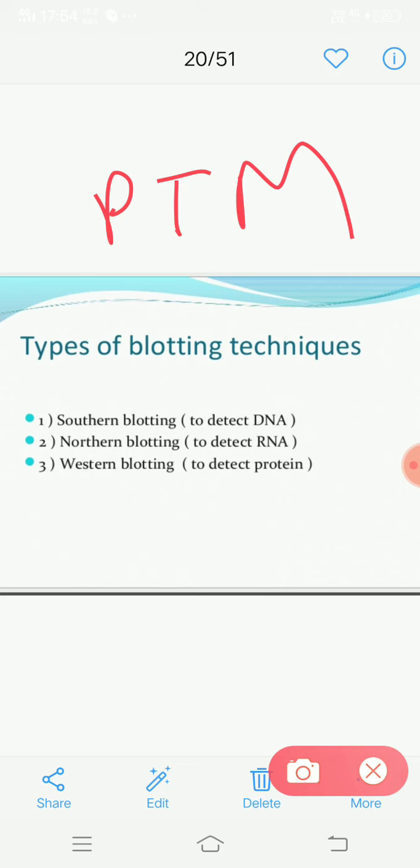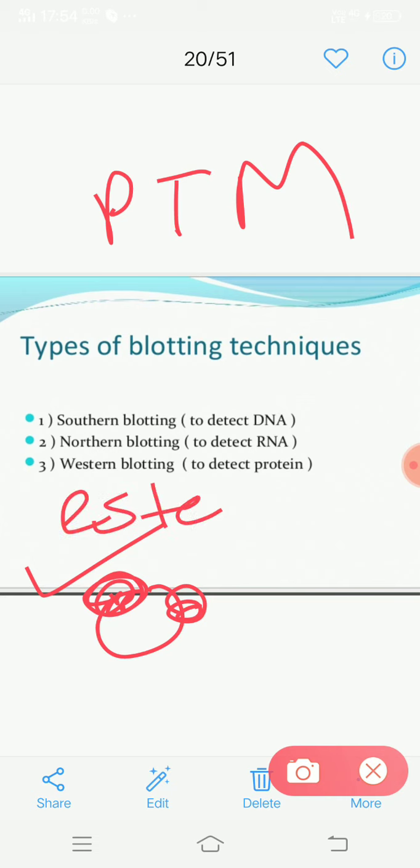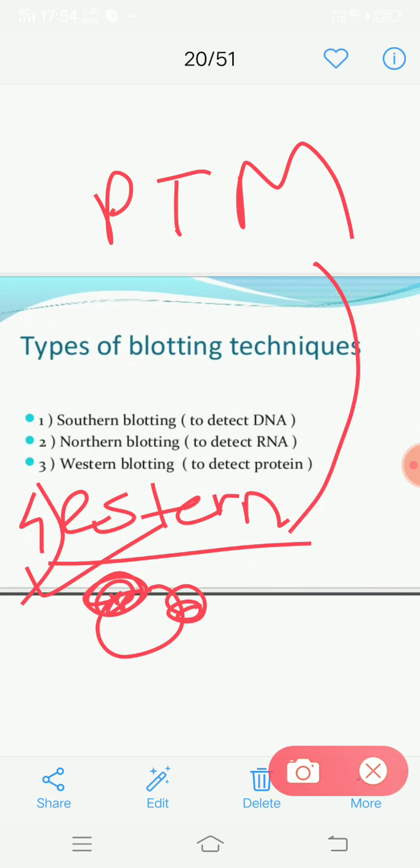So post translational modification means that to that protein different groups are added, like fat is added, or sugar is added. That type of addition or deletion we can detect by using Eastern blotting. This is the fourth type, Eastern blotting, which is used to detect the post translational modification.